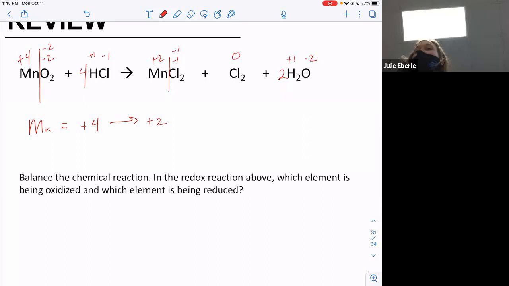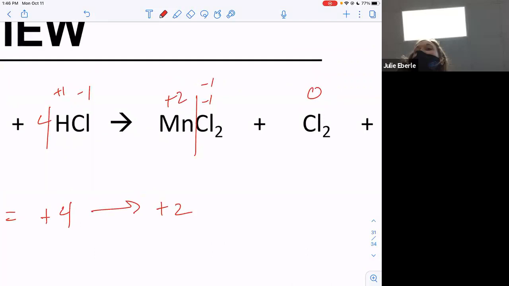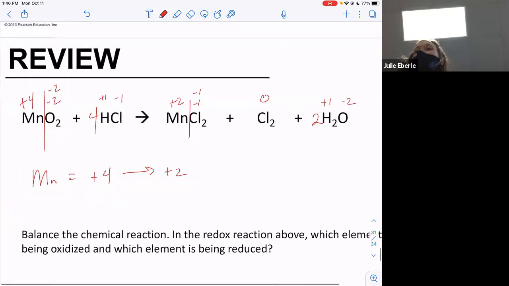Oxygen's a -2 on both sides. Hydrogen's a +1 on both sides. Some chlorines are staying a -1. All the chlorines in HCl are a -1 on the reactant side. Some of them stay a -1, but some of them become 0. That is oxidation. I just told y'all the answer.